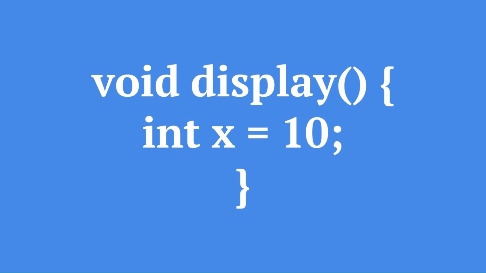This is the function name. We give the name of that function display. You can give any other name also, or you can call this function from main or other functions to run the code inside it. But a void function does not return anything.